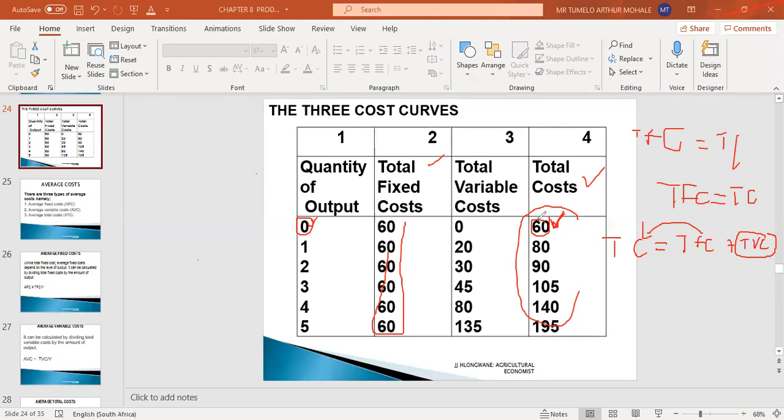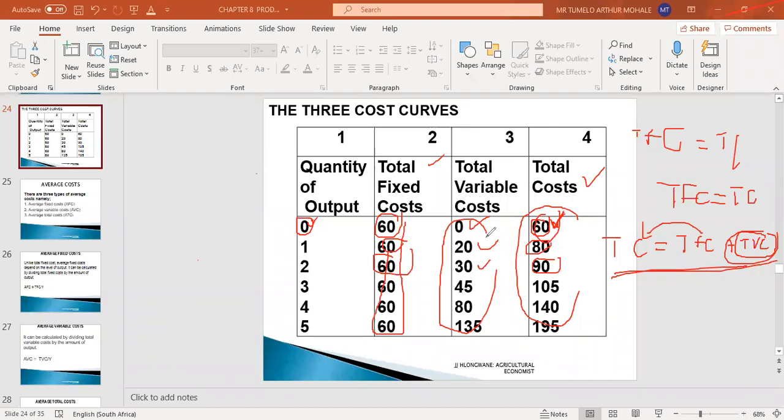So in this case, you will have 60 minus 60, and then you will get 0. 80 minus 60, you will get 20. 90 minus 60, you will get 30, just like that. So all these values were derived from this total cost formula. So we use the total cost formula to make the TVC the subject of the formula, and then we computed all the values for the total variable cost.